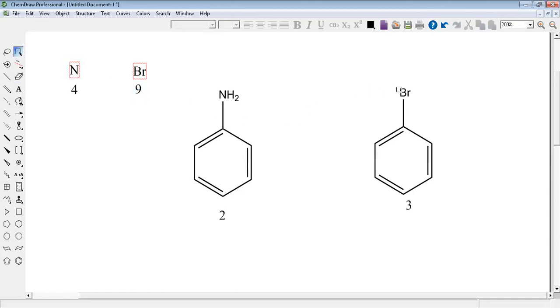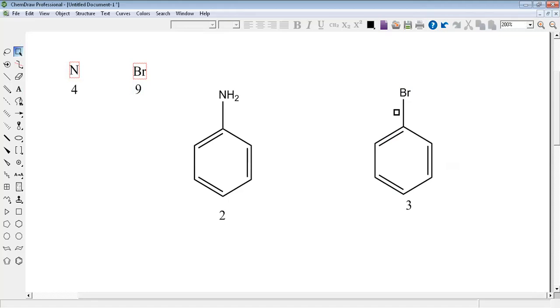Now, for the BR we have resonance. Also we have inductive. Which is stronger, resonance or inductive? Inductive. Inductive, because the BR is a high electronegativity atom.